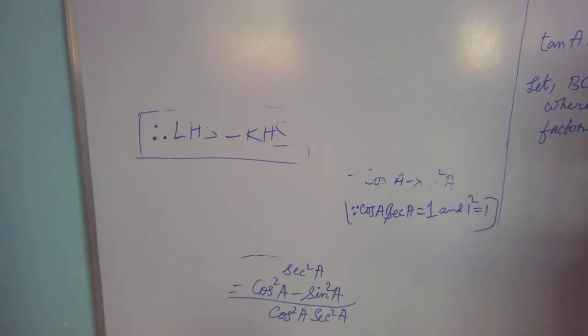So AC will be equal to root over 10 into k. That is AC, root 10 into k.